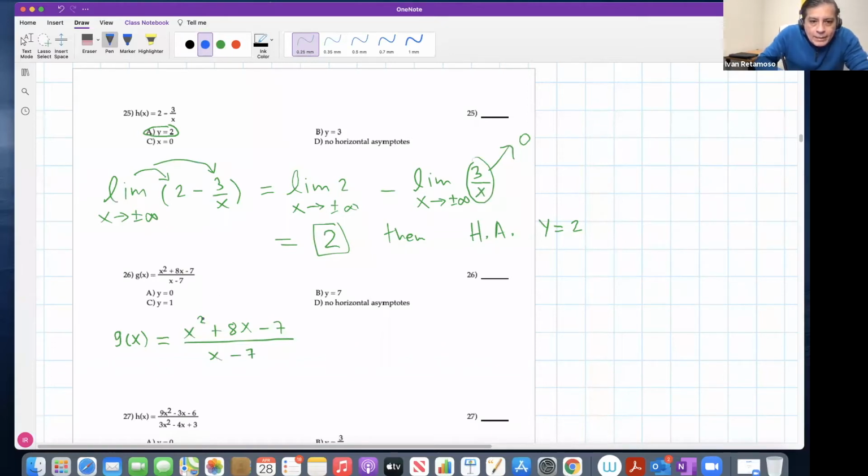By looking at this, is this top heavy, bottom heavy, or equally heavy? Anybody can write in the chat, or anybody can say it. What type of rational function is that? Top heavy, bottom heavy, or equally heavy? I see in the chat two students figured this out.